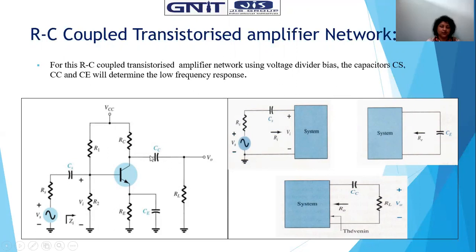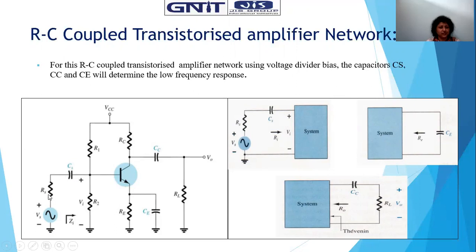We have provided here the coupling capacitor CC, as well as CS, which is the AC coupling and DC blocking capacitor, because whatever voltage comes from VCC will be kept stored at the base terminal, since the base driving voltage is provided from VCC, that is VB. So that will be sustained within this network.